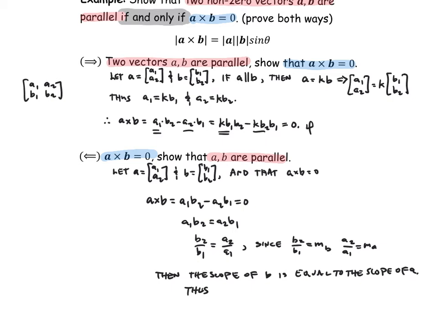Thus, A is parallel to B. Boom, got it. Okay, that's an example of a two-way proof, if and only if.